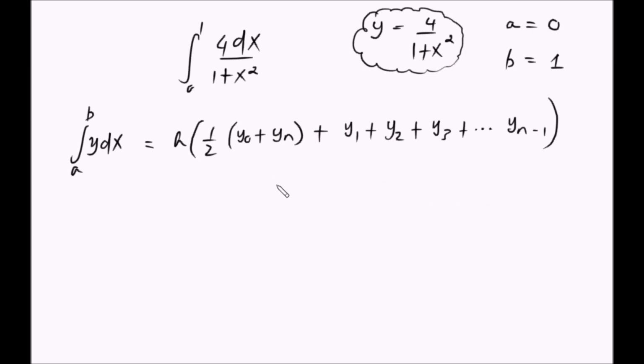Manake tutakuwa tuna y0 wa kwanza, wa pili atakuwa y1, wa tatu y2, wa nne y3. Sikasema 5 ordinates, manake wa mwisho atakuwa y4. So kwa style hiyo, it means n is equal to 4.